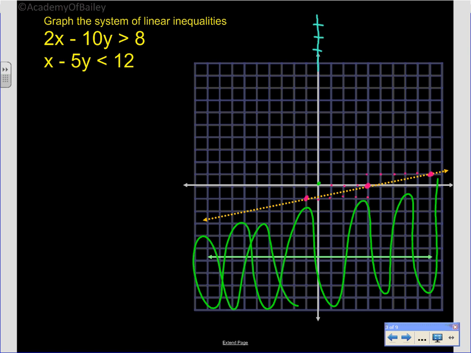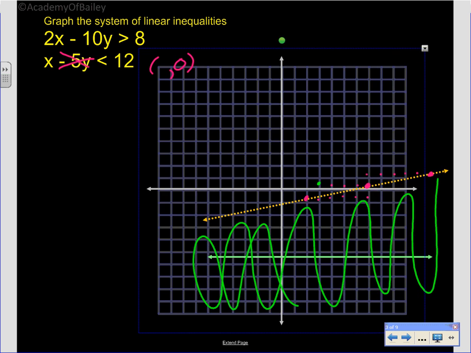All right, so let's look here. We have this one. Like I said, we're going to find the x-intercept. So 5 times 0 is 0. So x is equal to 12. So that is not the x-intercept. That's the y-intercept. Alrighty then. That's what happens every now and then. Sometimes you mess up, and sometimes you have to rethink some things.